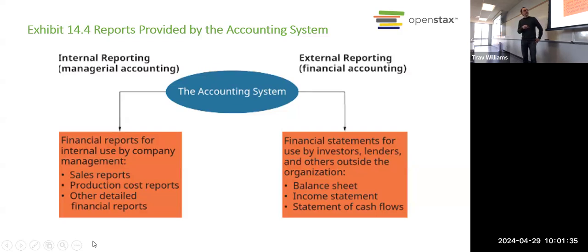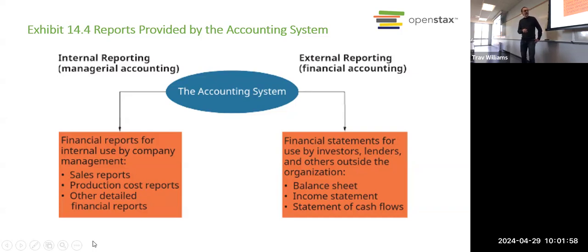So let's talk about the difference between financial accounting, again, that's what you take first, and that's really what we'll be learning about this week, and managerial accounting, which you would take after financial accounting. And that really has more to do with preparing reports for managers.